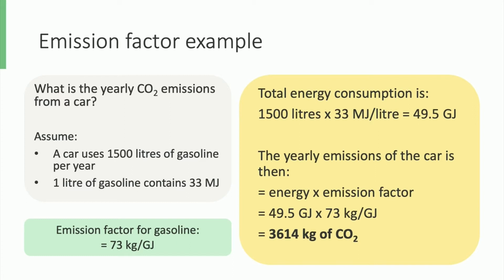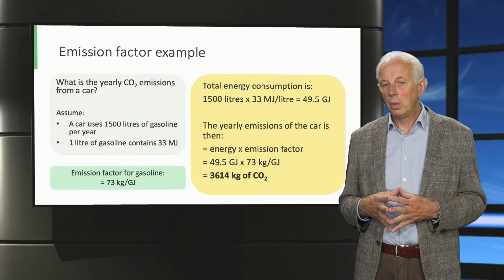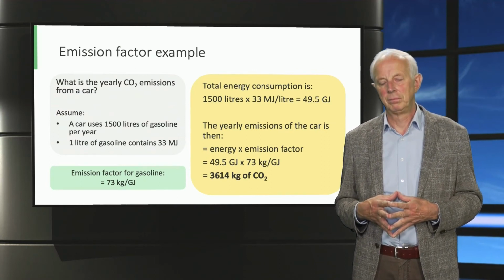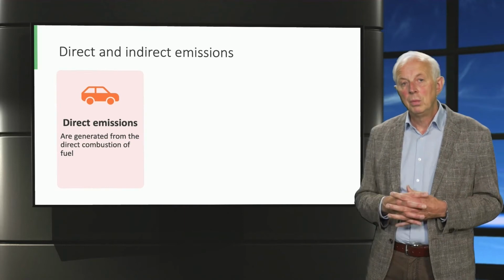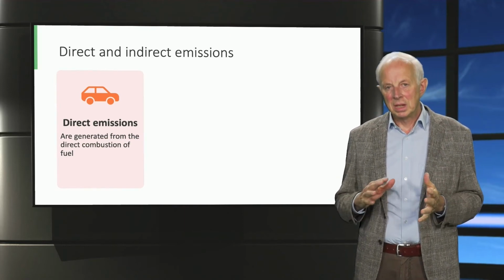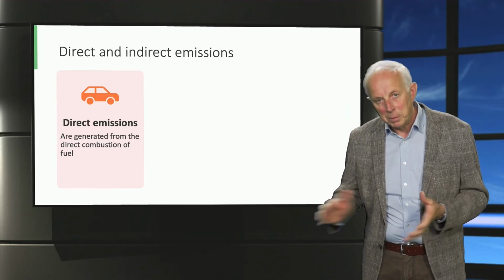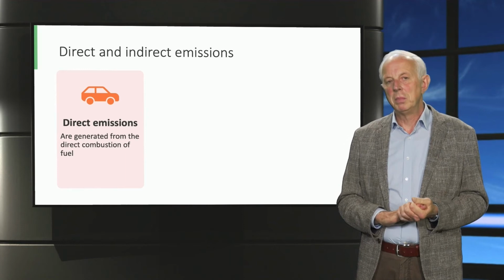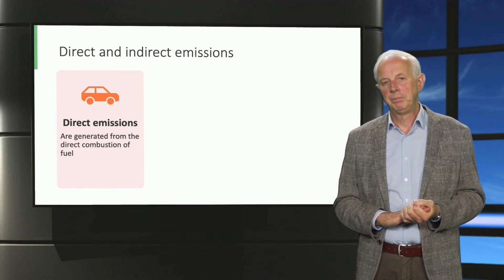So this is the basic approach for calculating emissions. You can use the same formula for all different fuels and energy uses. So far, we've talked about what we call direct emissions, the emissions that leave your chimney or the tailpipe of your car. These can easily be calculated based on the amount of energy that you use.